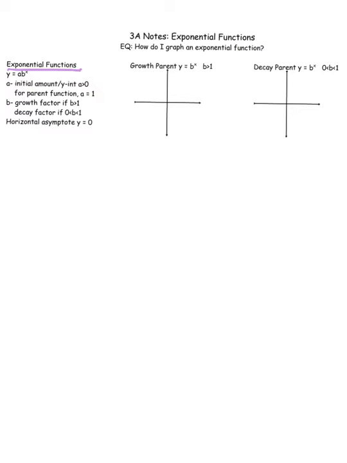Well, what does that mean? Well, if b is bigger than 1, let's say b is 2. If I have 2 to the x power and I start plugging in x's, let's see what we get. 0, 1, 2, I could do negative, whatever. So 2 raised to the 0 power. Anything raised to the 0 power will always give us 1.